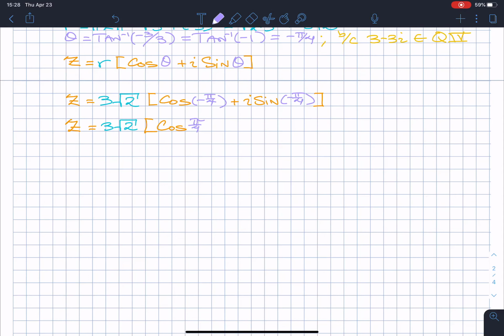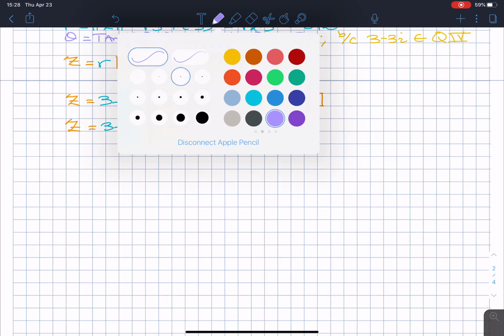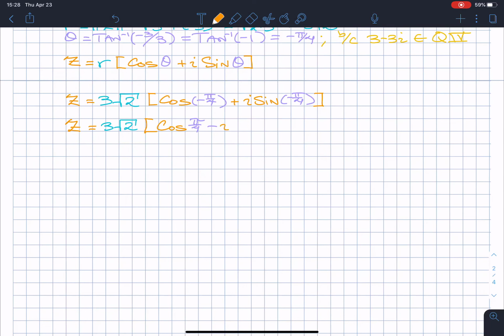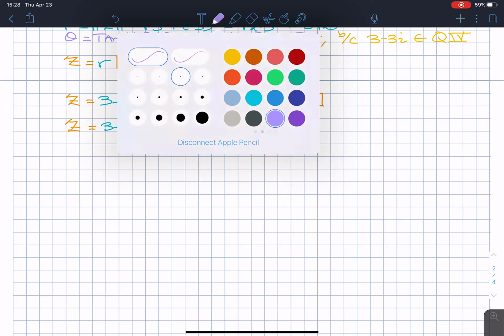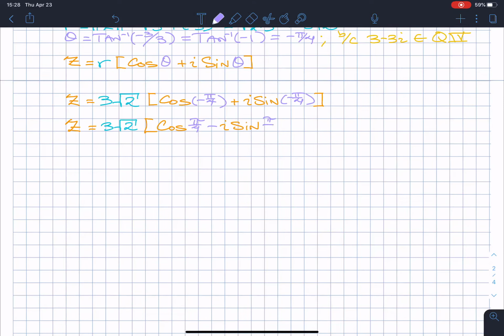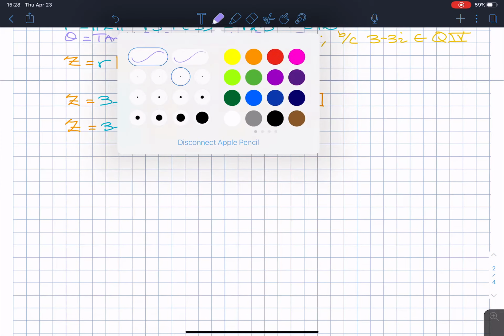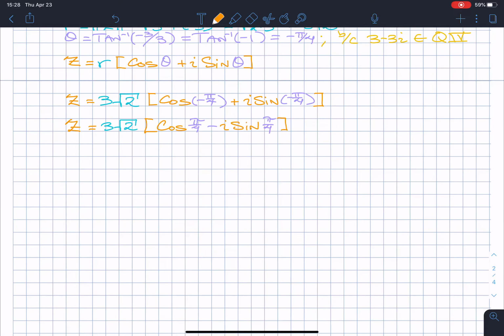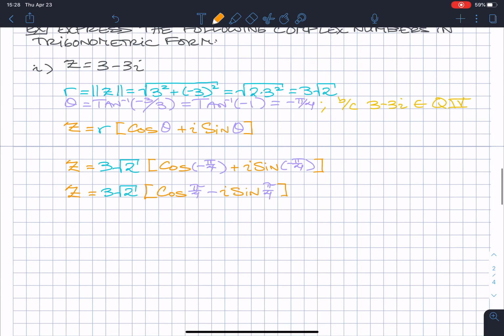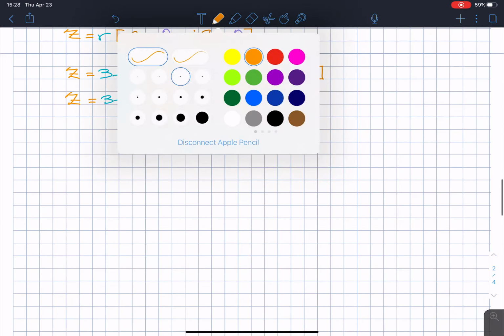And sine of a negative angle is negative sine of the angle, because sine is an odd function. Okay, there we are. So this is the trigonometric form of z. Okay, let's do another one.